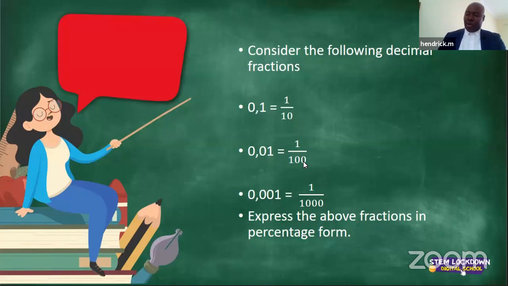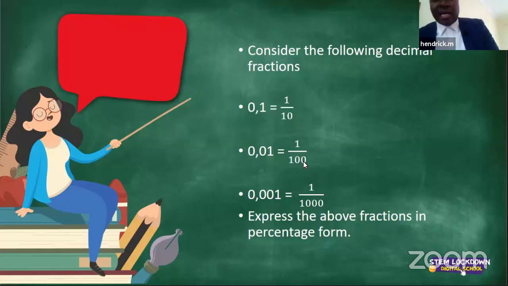Now, I want to recognize 3 hands. The first hand that is going to speak will speak on the first one, which is a 10th, 1/10. I want you to convert this particular fraction into a percentage. You must tell me what is the percentage there. And the second hand that is going to speak will speak on the second fraction, which is 0,01 decimal fraction, expressed as a common fraction.